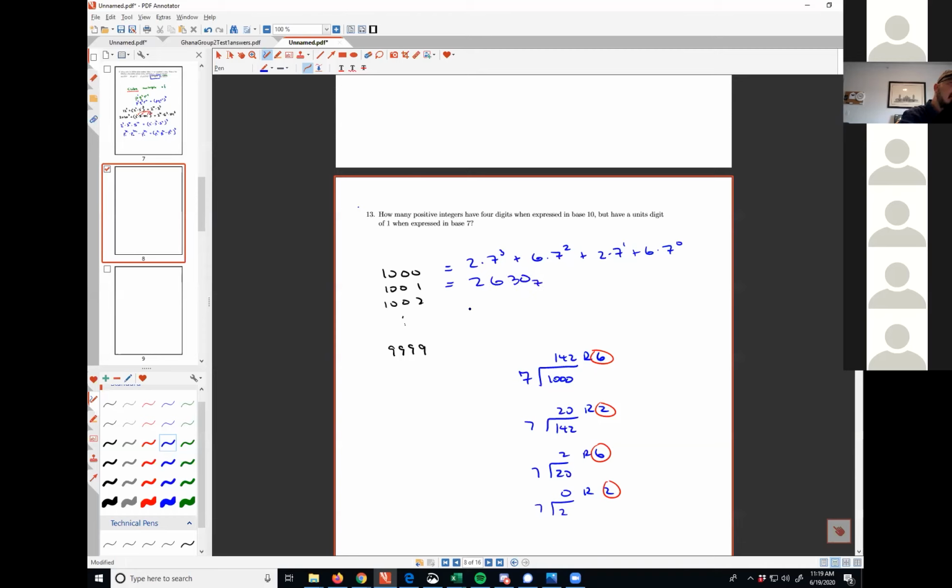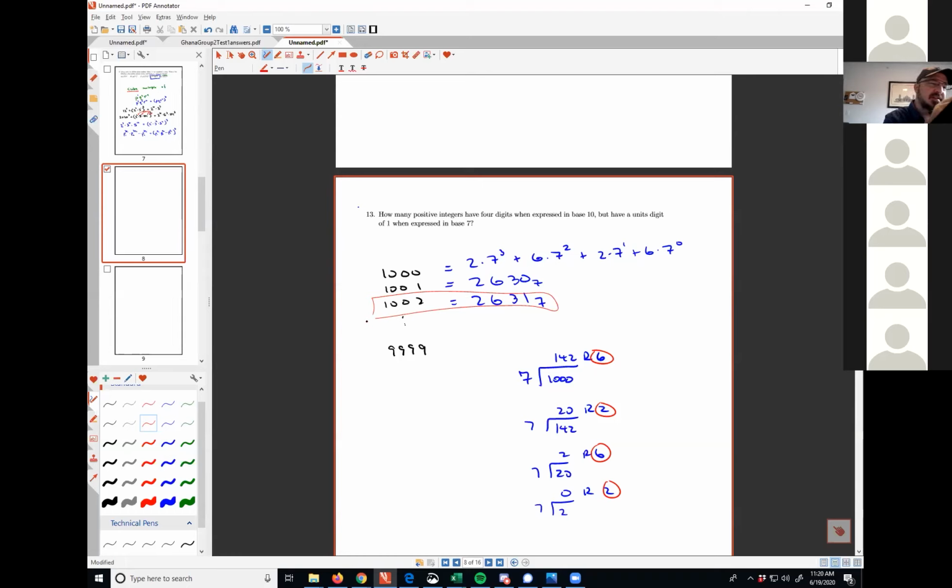Similarly, 1001 is 2630 base 7. 1002 is 2631 base 7. Once we've converted one, we can just kind of count up, which is kind of nice. But here we've discovered the first one that we want right here. And it happened where we have a units digit of 1.